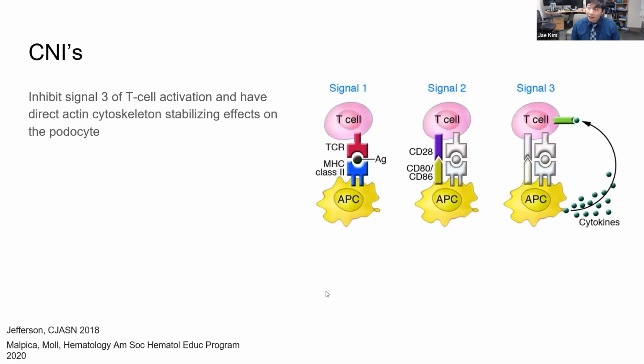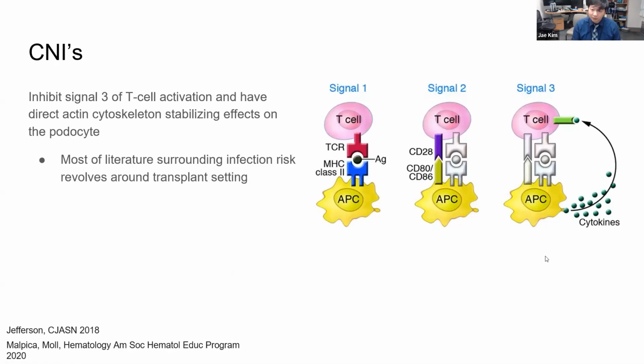CNIs inhibit signal 3 of T cell activation, and also have a direct actin cytoskeleton stabilizing effect on the podocyte. Most of the literature surrounding risk of infection revolves around the transplant setting, so I won't go too much into that. But it has a narrow therapeutic range.